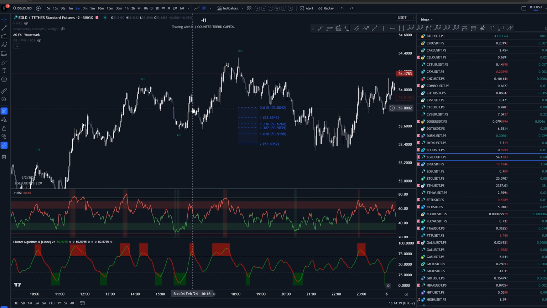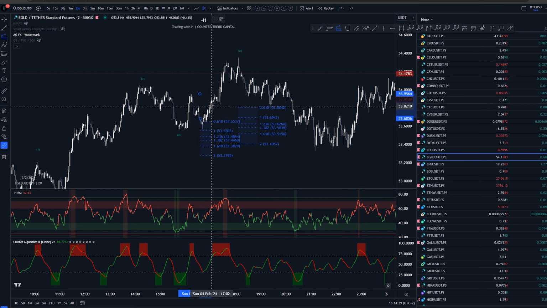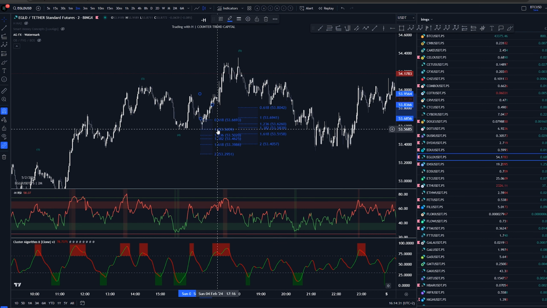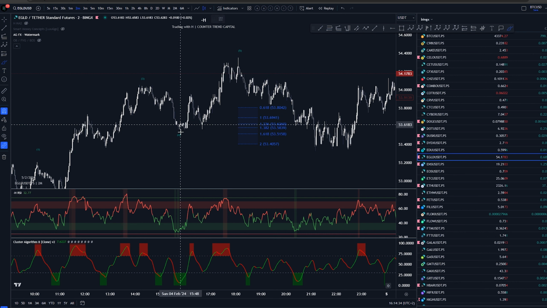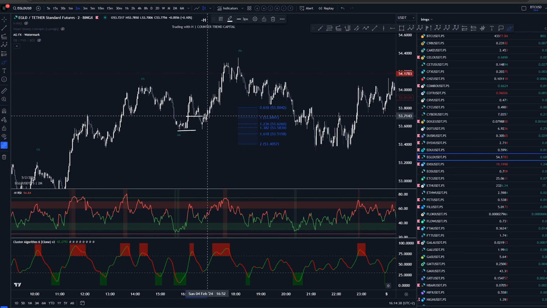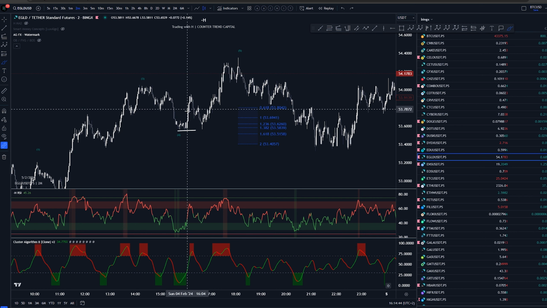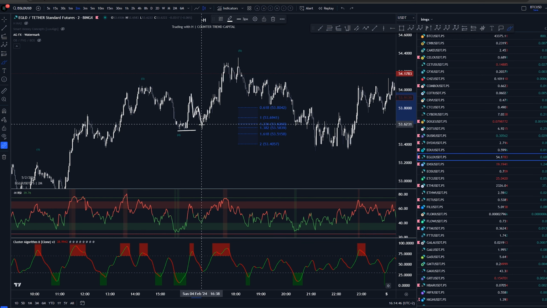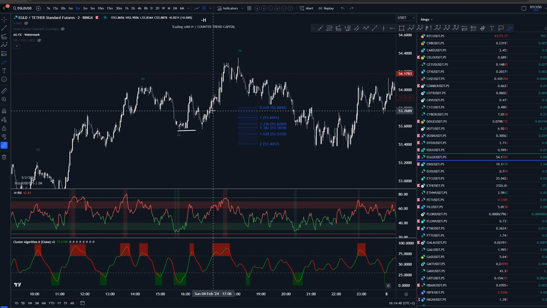And here we were looking for a 3-wave structure. I mentioned on Discord that we are looking for a 3-wave structure coming down and then longing. Here, the 1-to-1 extension of this whole move was basically at the very bottom, and luckily we had the stop loss right below here. I think my entry was somewhere in here and I got tagged into it earlier, but I was only saying that I want to enter on this with a 3-wave structure coming down.